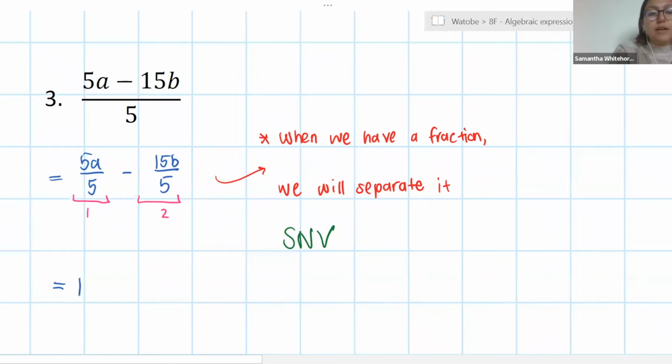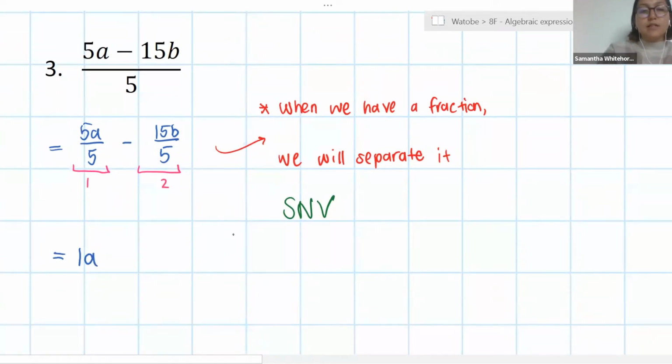If you want to write the 1 there, that's absolutely fine, but you don't have to. Then we go on to the variable. I just have an A there, so I've got 1A, or you can write this as just an A. That's fine. Then we go on to the next term. Now there is a minus there, and I need to remember that minus.